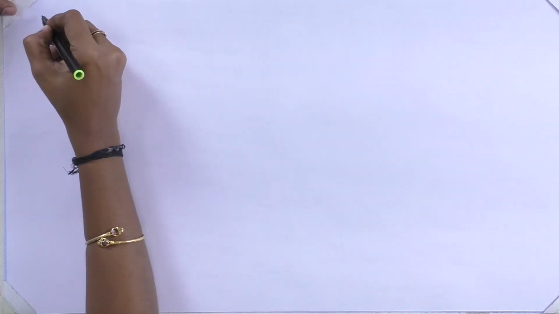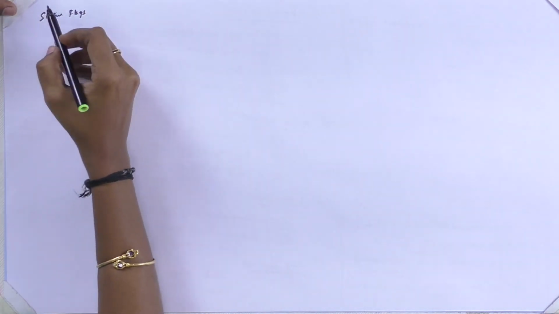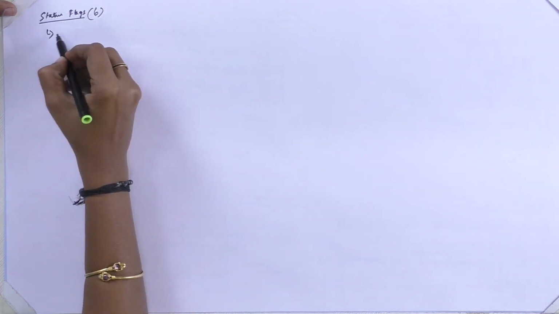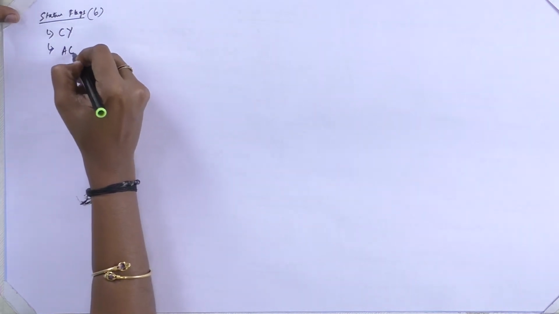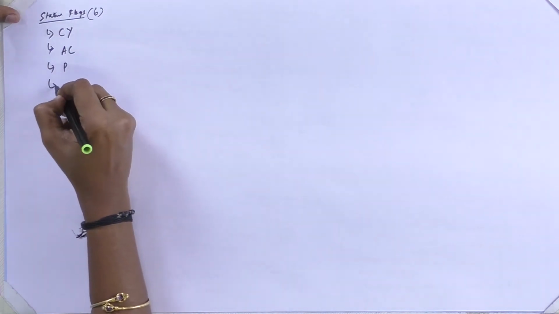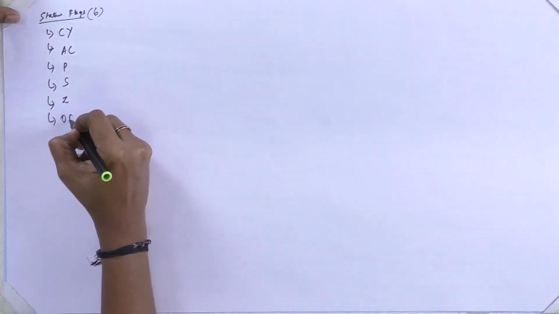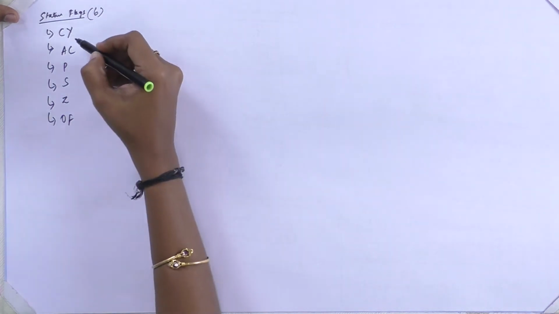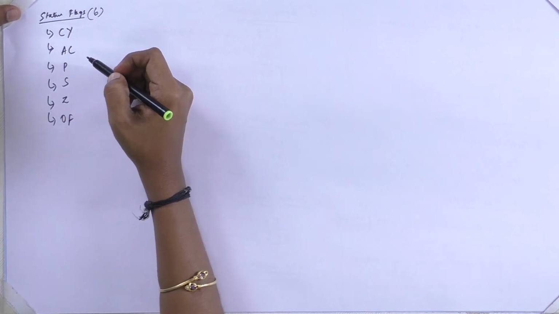The status flags are further classified into 6 types as carry flag, auxiliary carry flag, parity flag, sign flag, zero flag, overflow flag. So these are the 6 types of status flags. The first 5 we have already discussed in the 8086 processor.